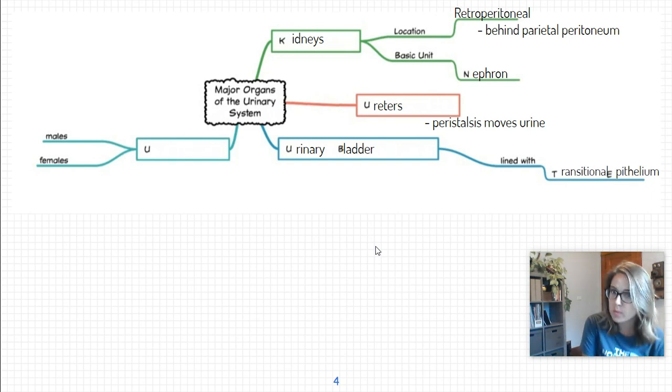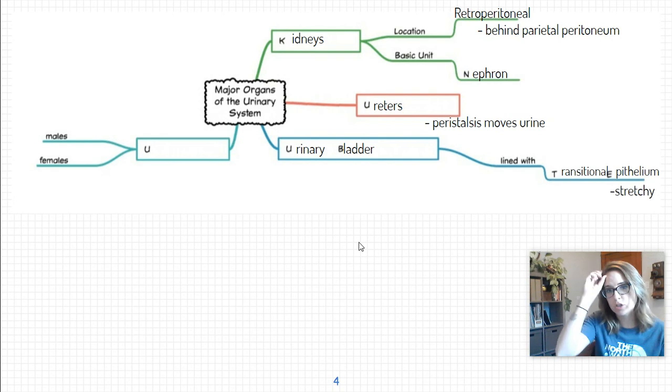And throwback to our tissues chapter, the type of tissue we find in there is transitional epithelium. And if you remember, that epithelial tissue was multi-layered or stratified, but it was really odd shaped because it was the stretchy one.